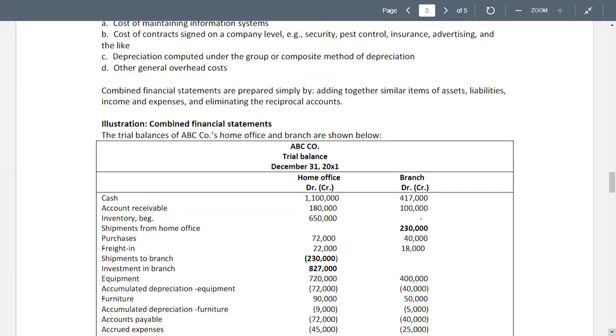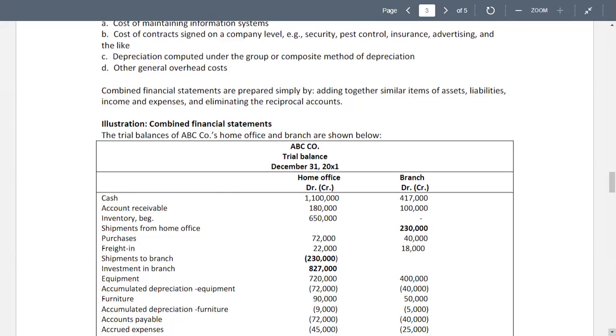Then we have shipments to branch, which is normally found in the books of the home office. So normally, the home office will credit shipments to branch. Then another is investment in branch, a debit.